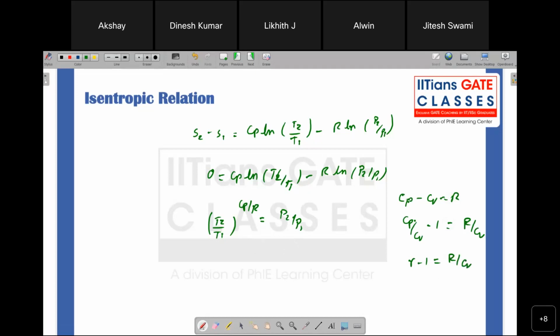Similarly if I divide by Cp, that becomes 1 minus 1 by gamma is equal to R by Cp, so I can write Cp by R is equal to gamma by gamma minus 1, right? So this becomes P2 by P1 is equal to T2 by T1 to the power of gamma by gamma minus 1.